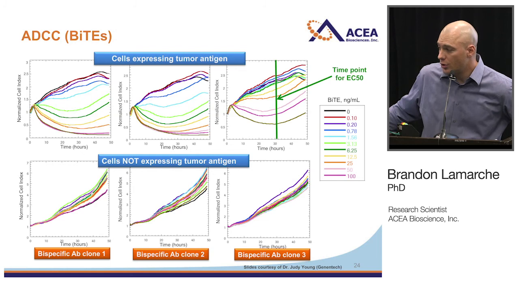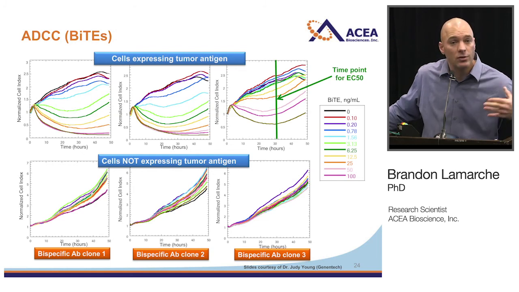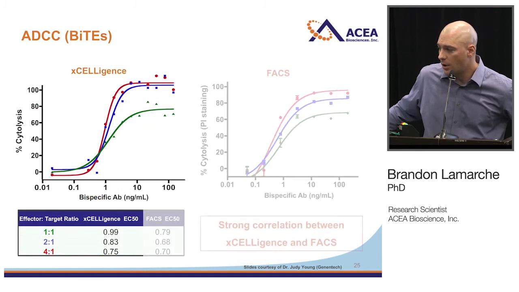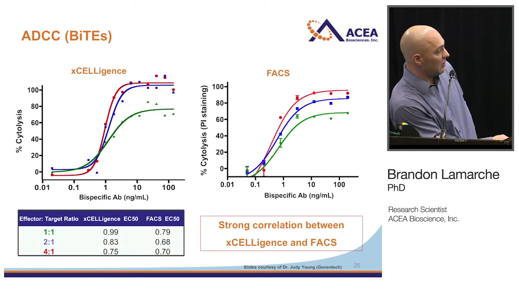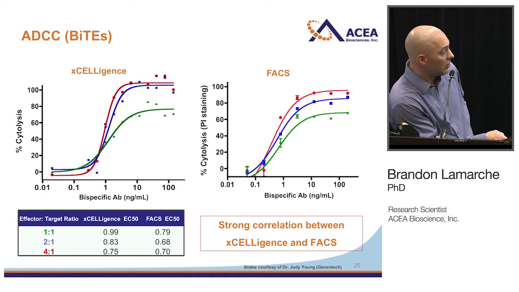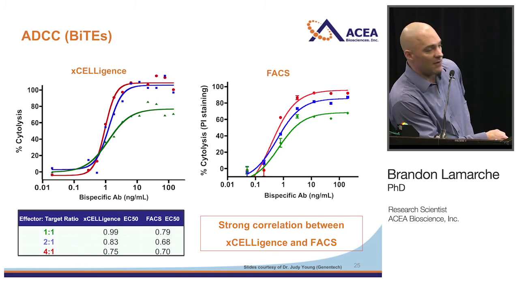It's very simple to try and correlate the results from xCELLigence using orthogonal assays. I'll just say very quickly that when you look at the data collected by xCELLigence to get, say, an EC50 for the BiTE molecule, the values were between 0.75 and 1 nanograms per mil. If you look at it by flow cytometry, they're very similar.